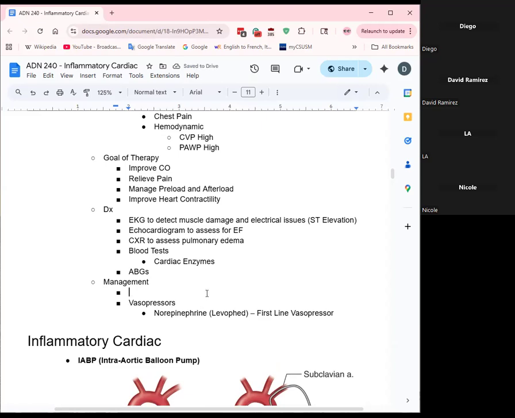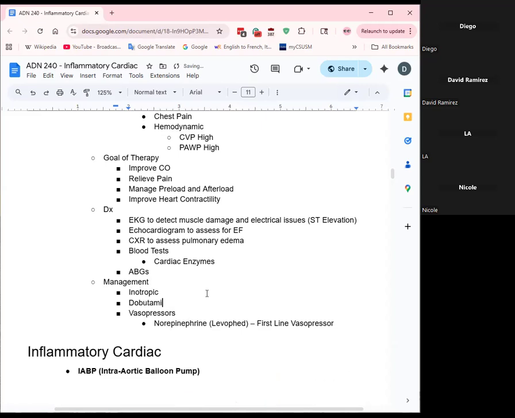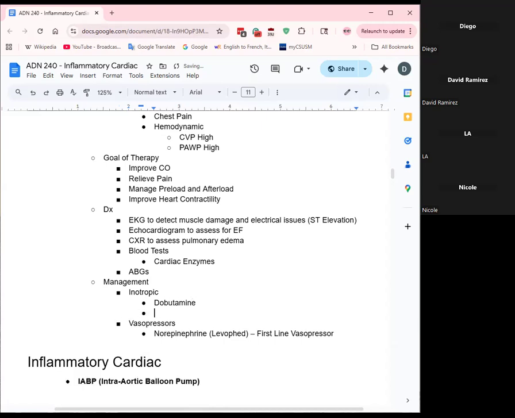Dobutamine, yeah. So we're looking for medications that are called inotropic medications. So yes, dobutamine is going to be one of those. And milrinone is going to be another one. Yes, that's right.